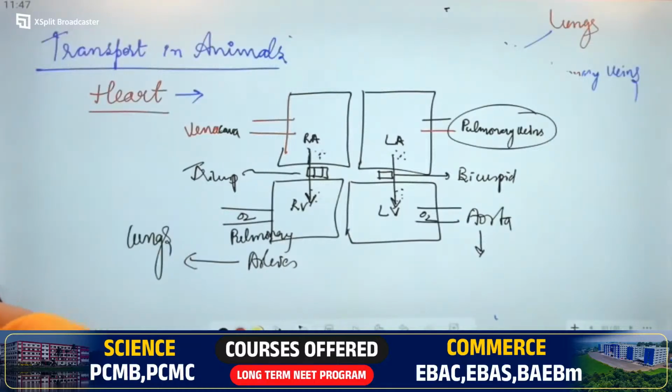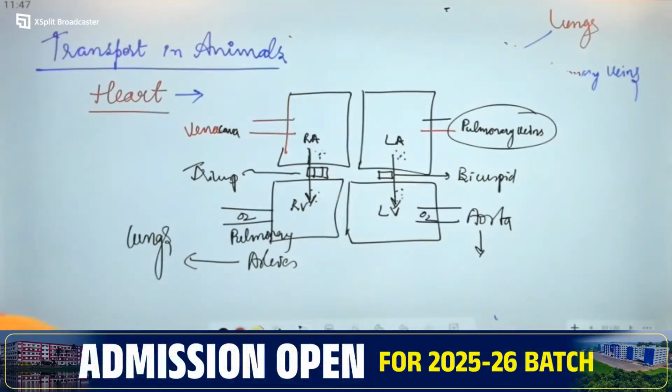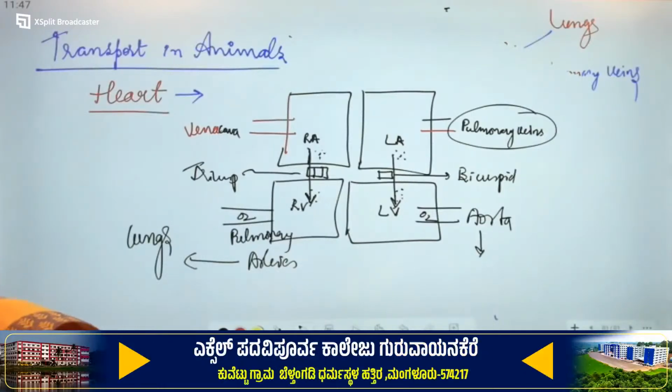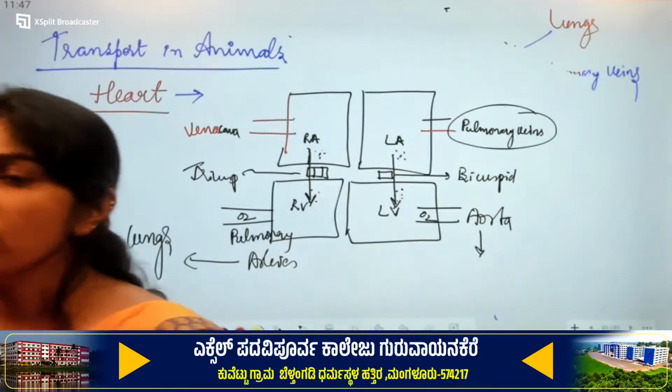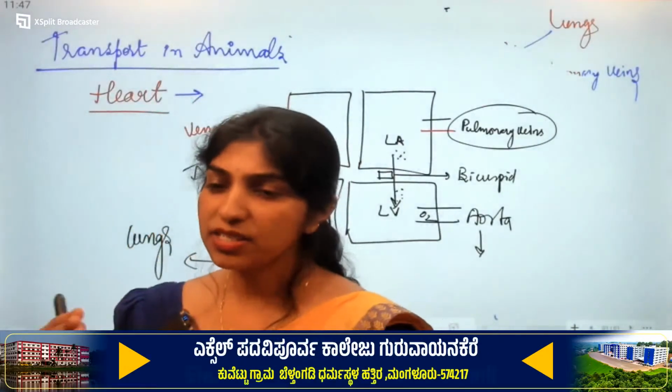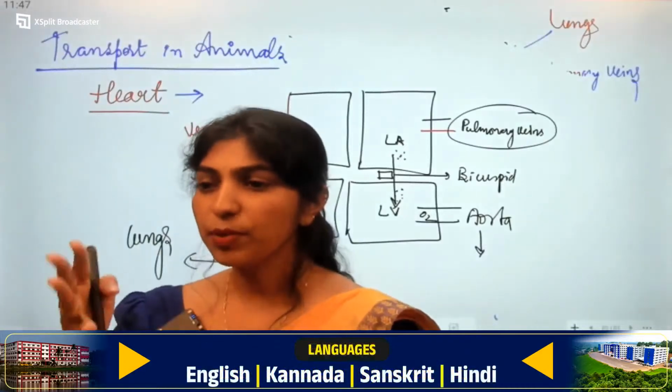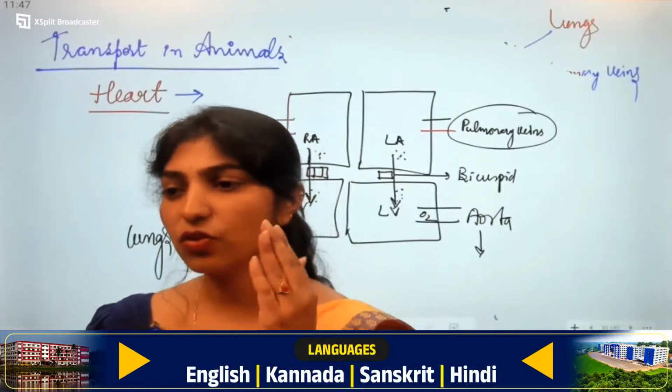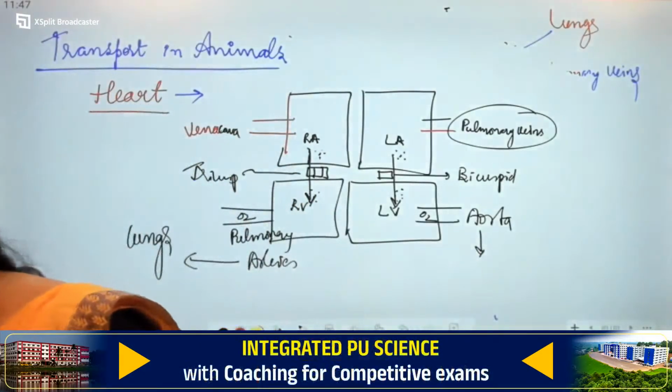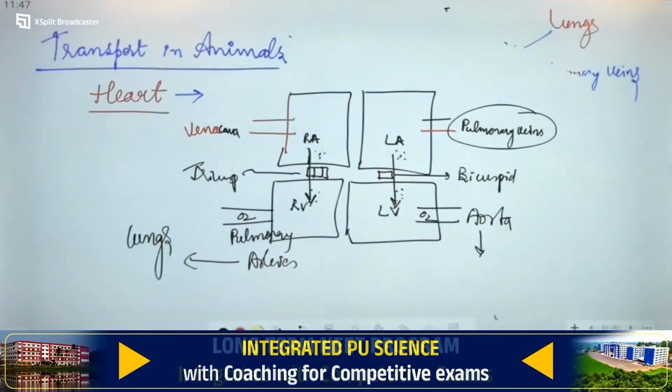What is diffusion? Diffusion is nothing but the exchange of gases across a semi-permeable membrane, from the region of higher concentration to the region of lower concentration. What is the function of alveoli?